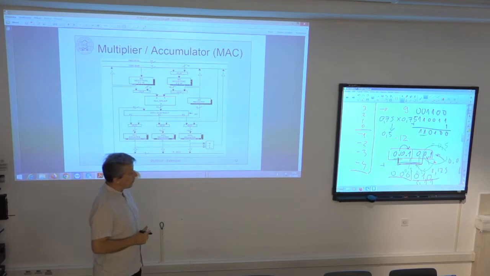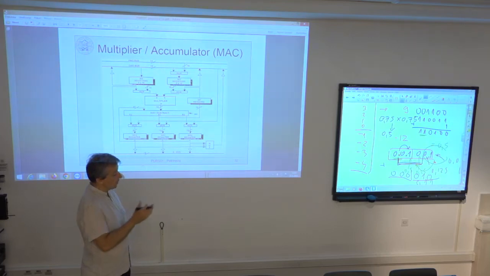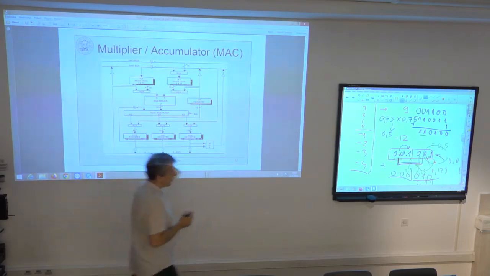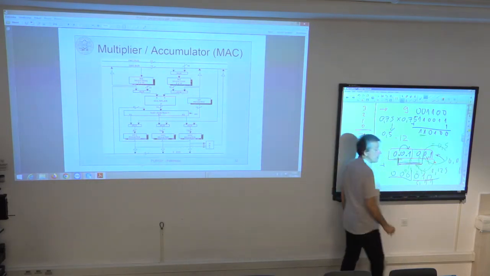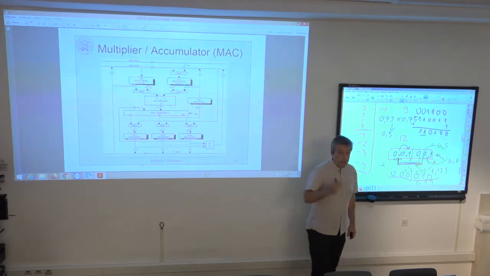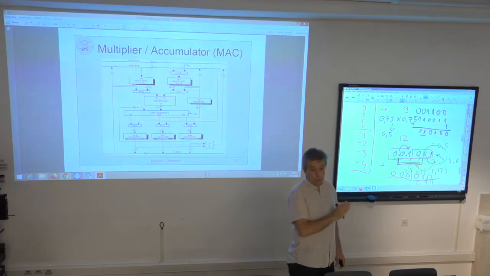Okay? The final question is, what to do if the product is such that this remainder is exactly 1/2. It means that this first bit is set, and all of the remaining bits are 0. So the result is exactly midway between two values of the upper word, lower value or upper value. You don't know whether to add 1 or not, because it is exactly midway.